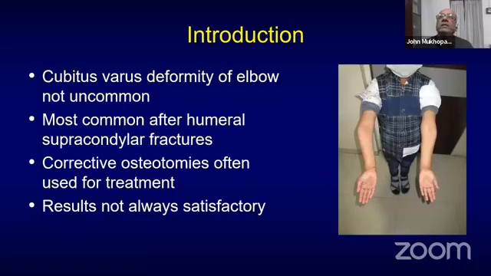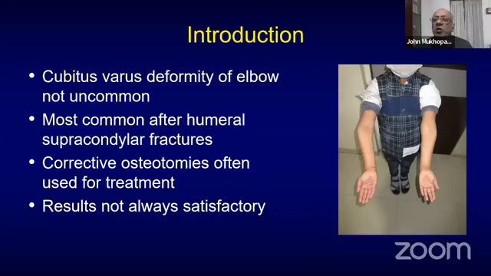We all know that the varus deformity of the elbow is something that we see quite commonly in our outpatients, and it's most common after humeral supracondylar fracture. This is a deformity for which very often corrective osteotomies are done.